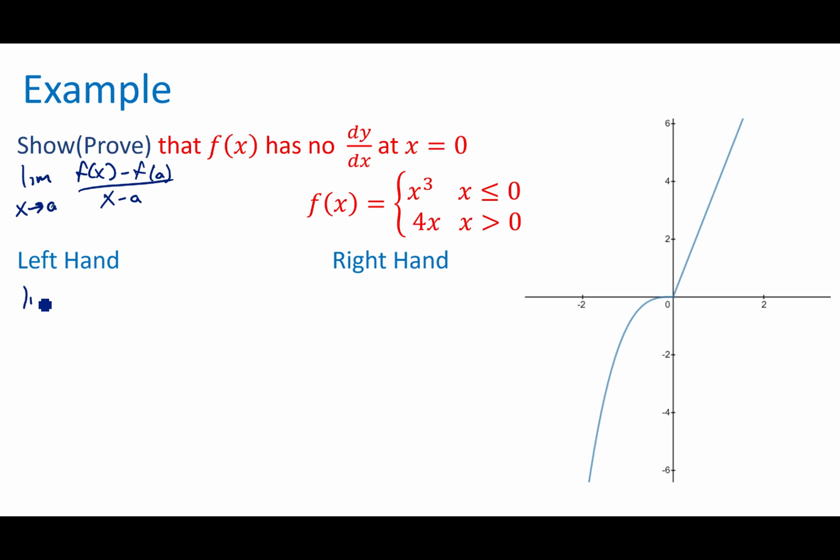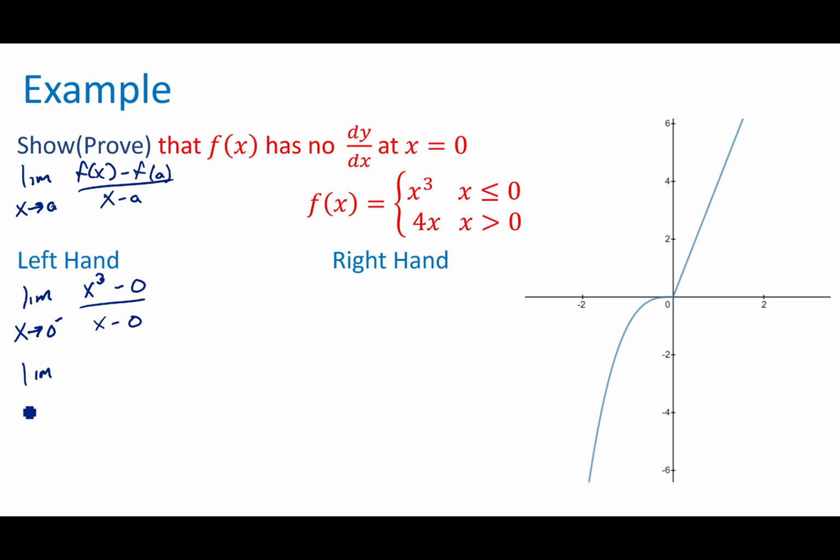So we're going to have our limit as x approaches 0 from the left. It's going to be our function x cubed minus 0 cubed. Okay, we'll actually put in 0, so it's x cubed minus 0 all over x minus 0.